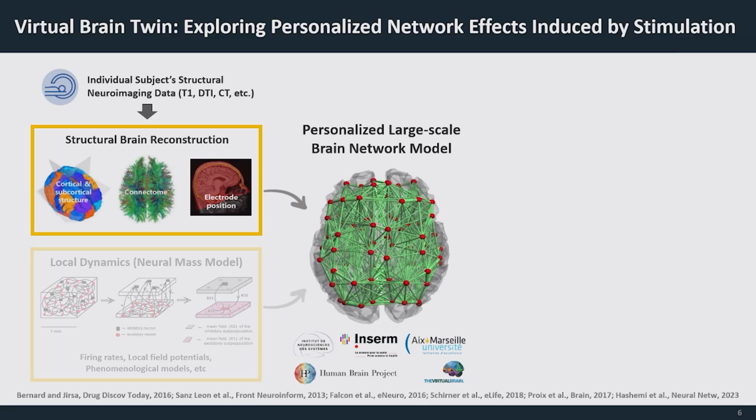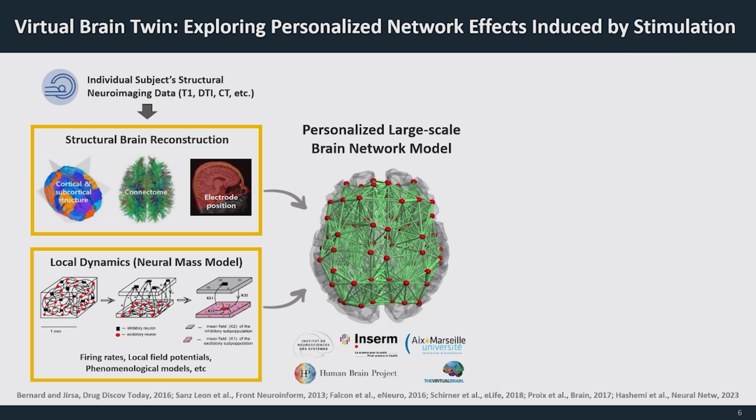So next, we need a neural mass model to describe the dynamics of each brain region. It is a mathematical model to reproduce neuronal population activities. So these neural mass models are placed into each brain region and linked by the reconstructed individual connectivity by considering connection strength and transmission delays.